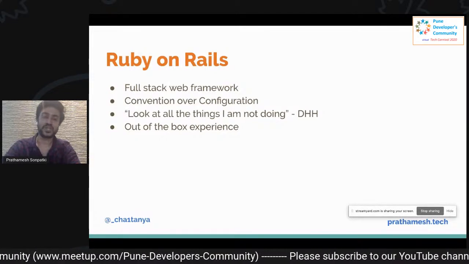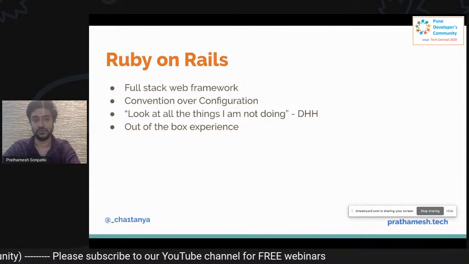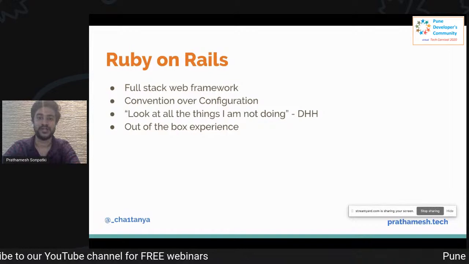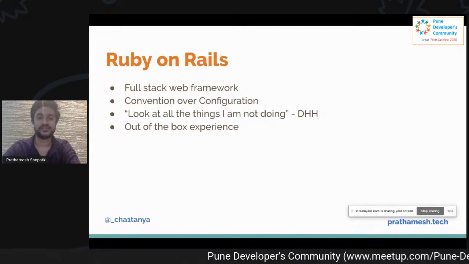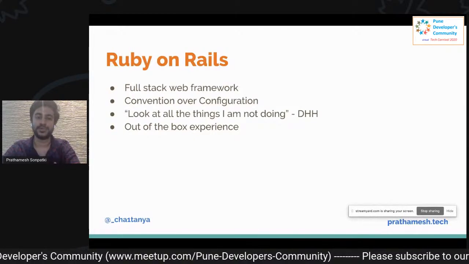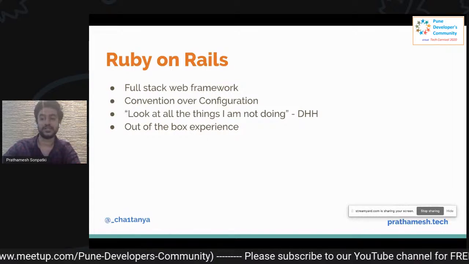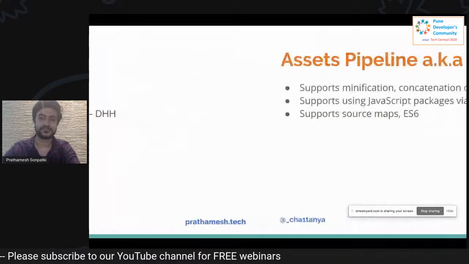And we will see how Ruby on Rails approaches JavaScript to make sure that we don't have to configure hundreds of things to write our JavaScript application. This is one of the best things about Rails, that out of the box you get most of the things already working that are very common for a web application.